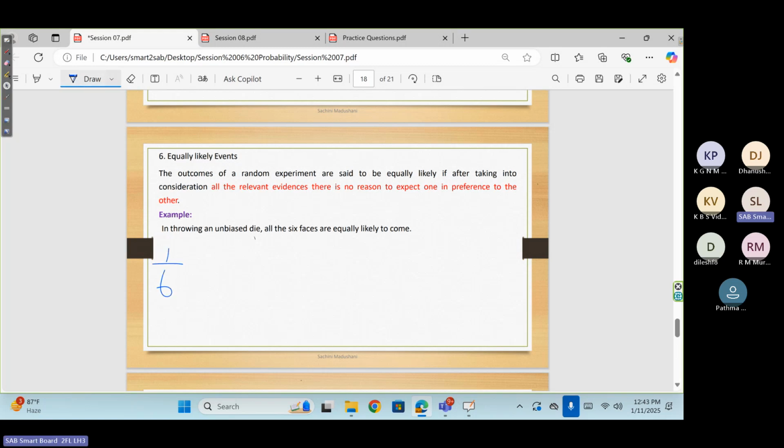Getting a number 2, again 1 over 6. Getting a number 3, 1 over 6. It means these elements are equally likely. The same holds for a coin: getting a head, 1 over 2, and getting a tail, 1 over 2.